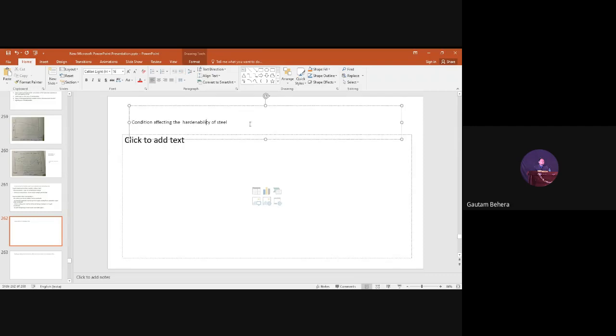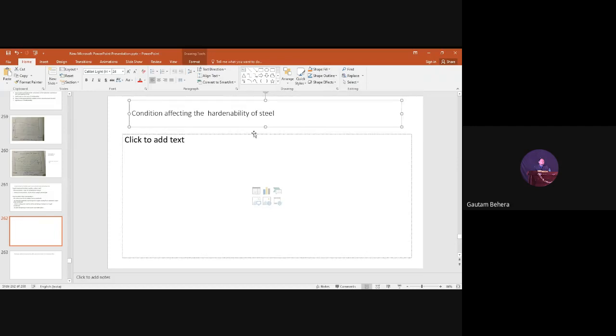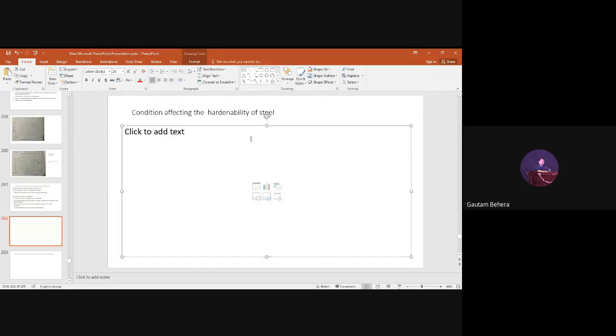Now, conditions affecting hardenability. We will not discuss this in depth; in some lecture later we'll discuss it. Here I'll give an overview. What are the conditions that affect the hardenability of steel? The first is obviously the austenite grain size.